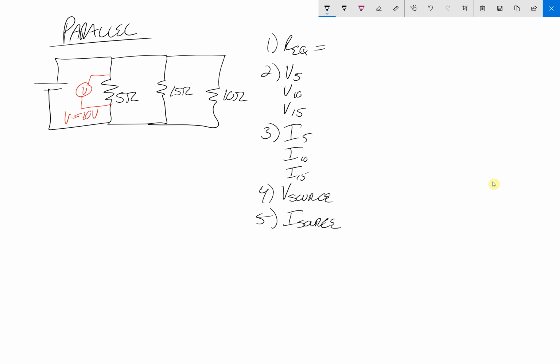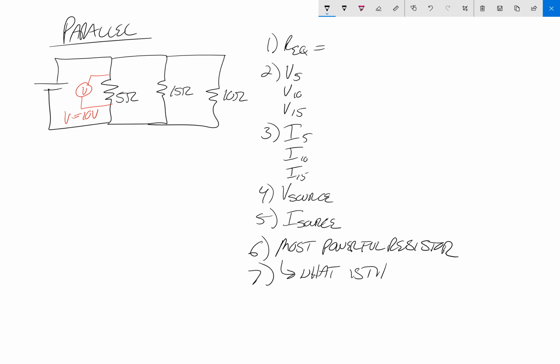Did I miss anything? 6, what else? I want to know the most powerful resistor. And finally, what is that power? So basically calculate it. All right.